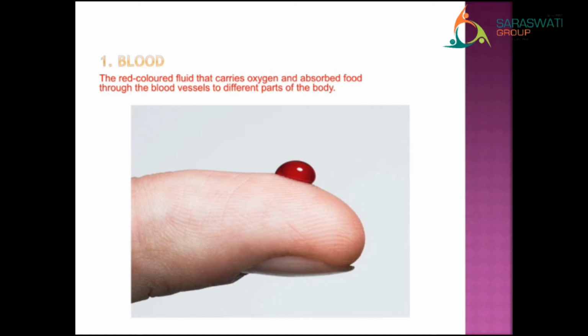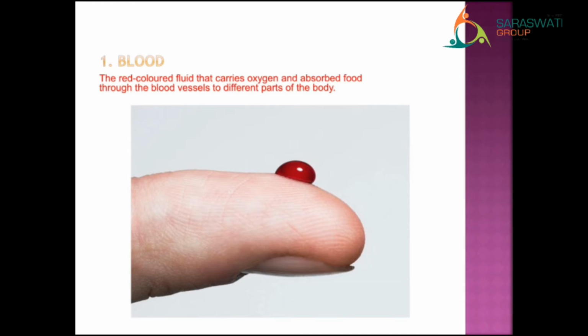Now number 1, blood. The red colored fluid that carries oxygen and absorbed food through the blood vessels to different parts of the body. Kids, what is the color of our blood? As we all know, the color of our blood is red. Sometimes we fall down and we get injured. At that time, the blood in our body comes out, right?